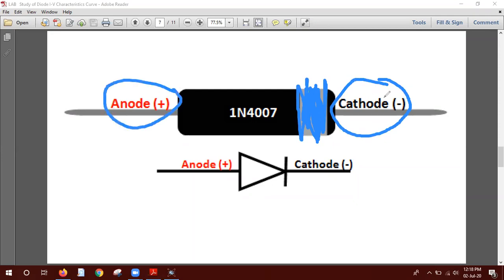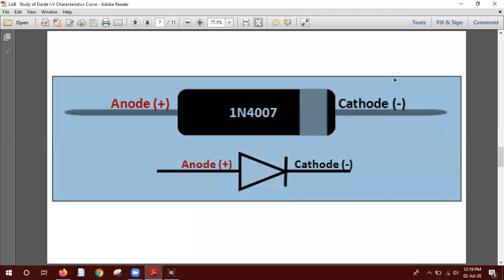So this is the way of identifying a diode. Am I clear? Always check, because on the diode it will not be written which is positive and which is negative. But when you see a black or white strip, that terminal will be the cathode, and the other terminal will be the anode.